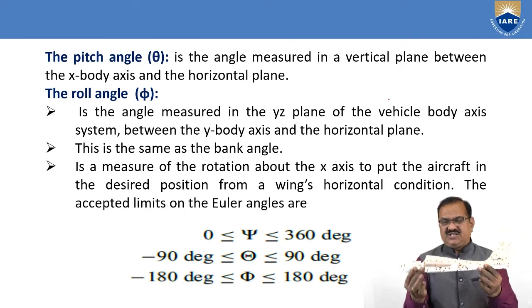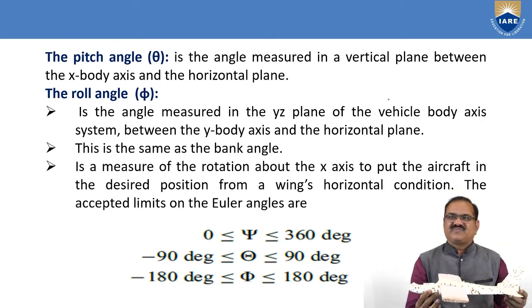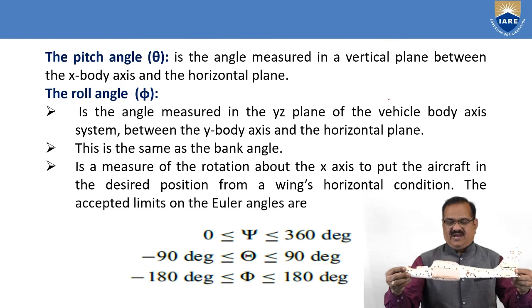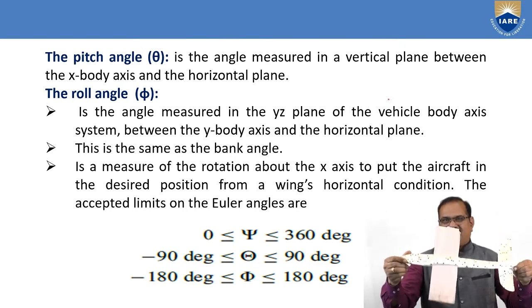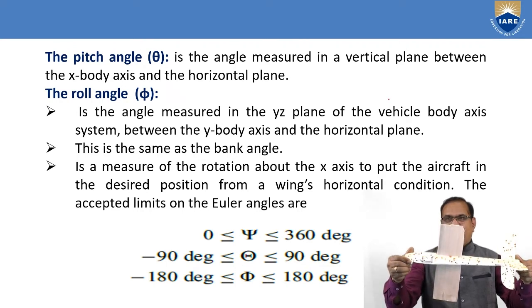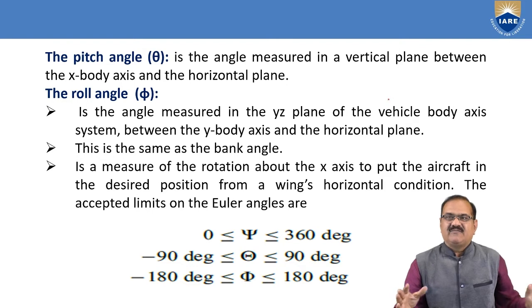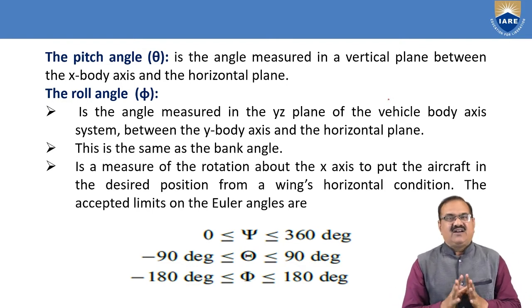Theta is 0 to 90 plus and 0 to 90 minus. And the roll angle is from here to 180 and from here 180, plus and minus, meaning the wing tip will go up, the wing tip will go left and right, so it is called plus and minus. So this is the range of the Euler angles psi, theta and phi.